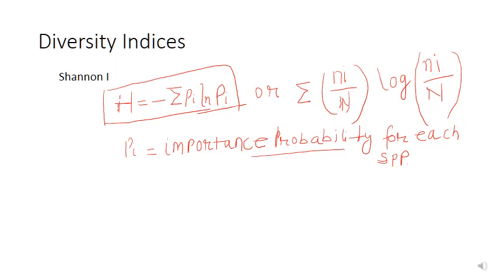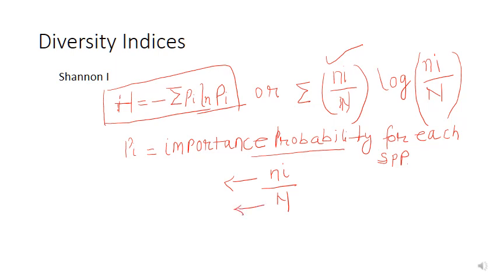It will come from this value, ni divided by N. So we need the value of ni divided by N here. What does this ni represent and what does capital N represent?